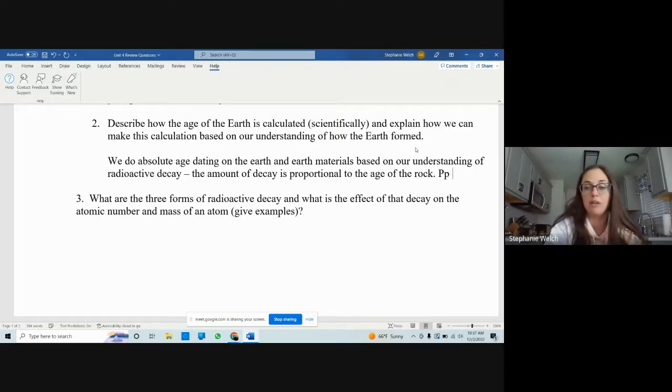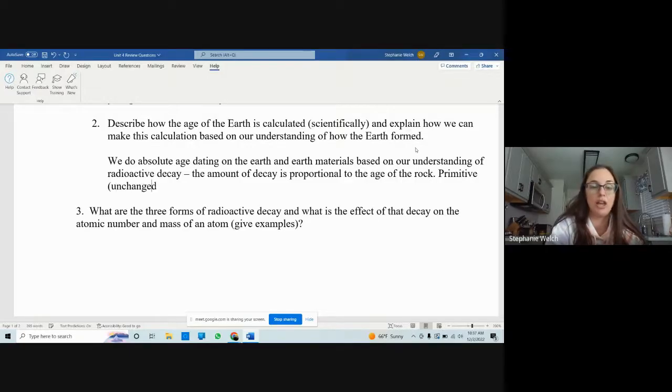So primitive, and by primitive we mean unchanged, meteorites give us an object that has remained unchanged since the beginning of the Earth that allows us to understand the actual true age of the Earth.